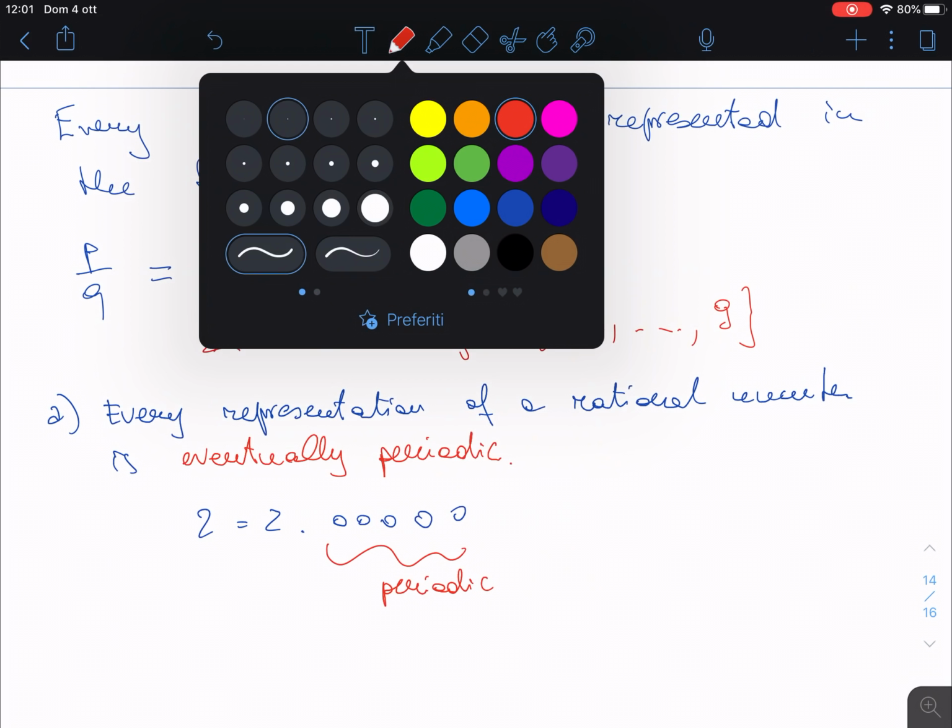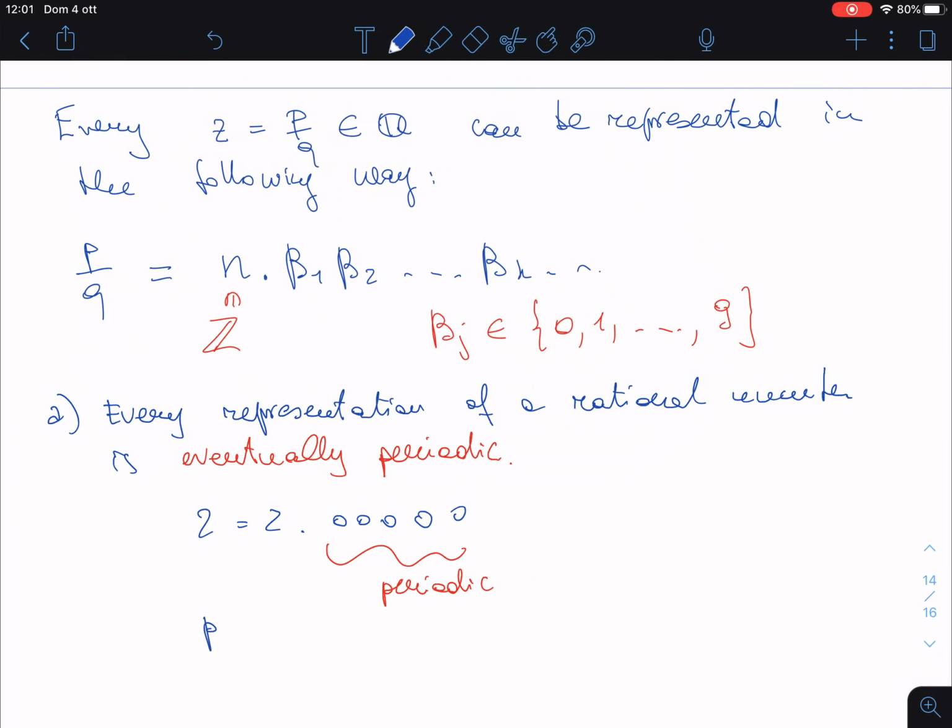The second point: if you compute p over q and you do the division with the technique you learned at elementary school, at some point you find that beta 1, beta 2, and so on start repeating a certain period. I don't know, beta j up to beta j plus k, and then again beta j plus k, and so on and so on. It's periodic like that.